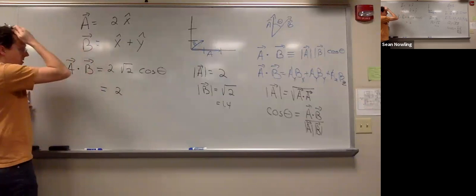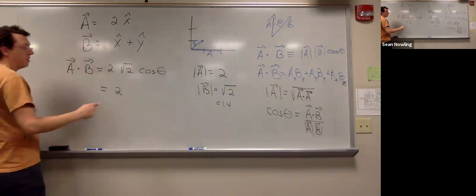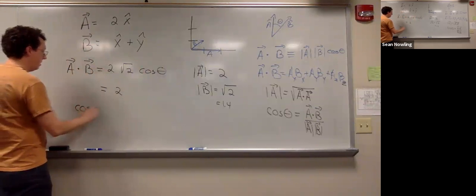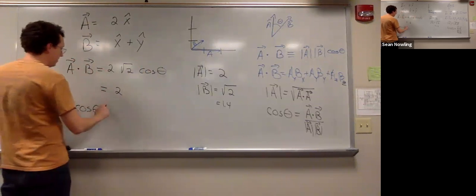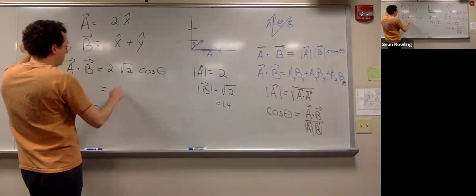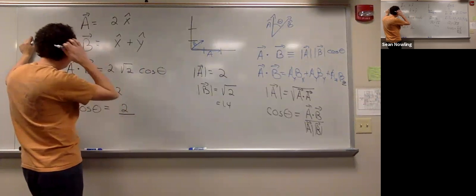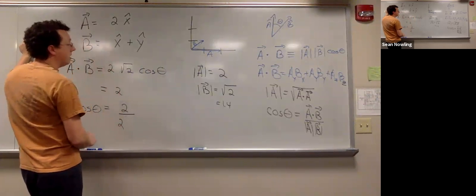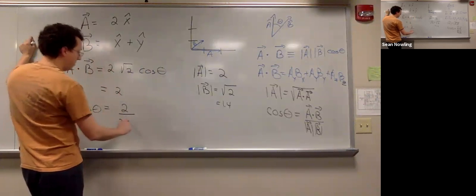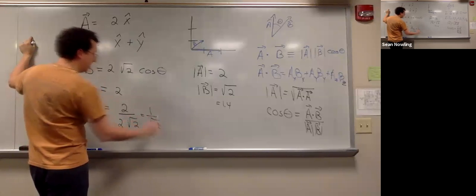So if I have two formulas for the same thing, I can turn it around and come up with an equation for cosine of theta. So cosine of the angle, let's pretend I don't know this is 45 degrees, equals the dot product between them divided by the magnitude of A, which is 2, divided by the magnitude of B, which was square root of 2, equals 1 over the square root of 2.